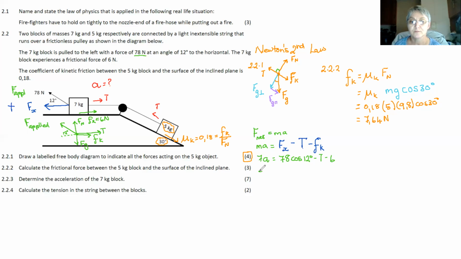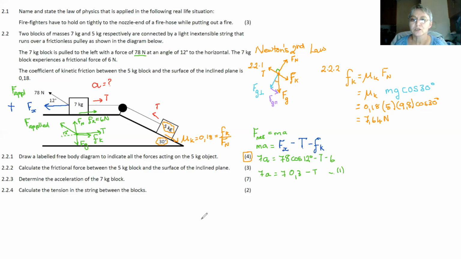So if we want to simplify this, 78 cos 12 is 76.295, so we'll make it 76.3. I'm going to subtract 6 from that just to simplify the numbers. So this becomes 70.3 minus T. Two unknowns, I need a second equation.